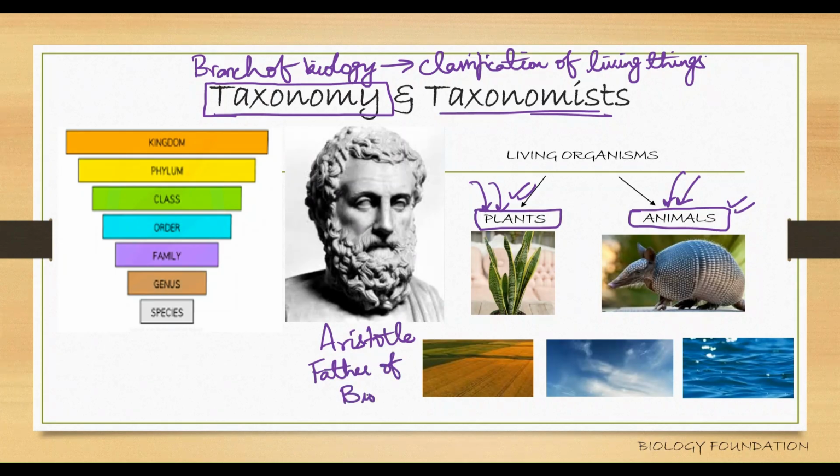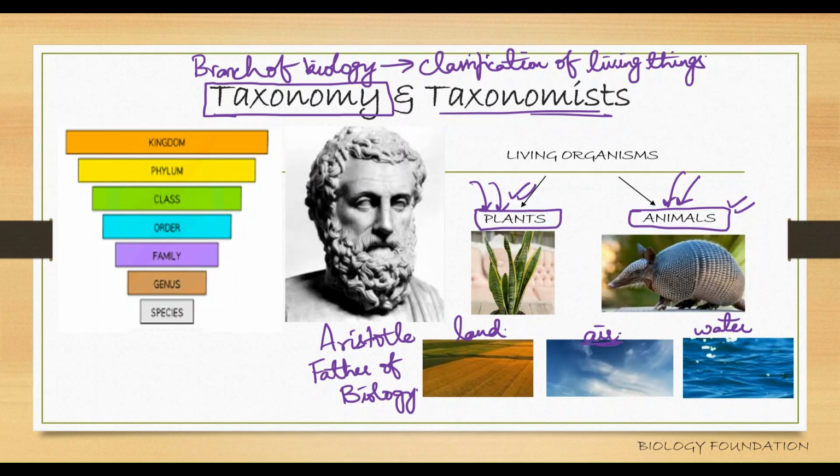Aristotle is considered to be the father of biology, and he must be given the credit as he first classified all the living organisms present on the earth into plants and animals. Those that can prepare their own food as plants, and those that cannot as animals. Further, these animals were classified based on their habitat: those that live on land, those that live in water, and those that survive in air.